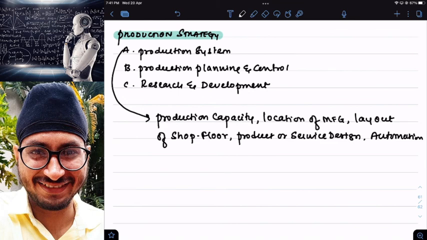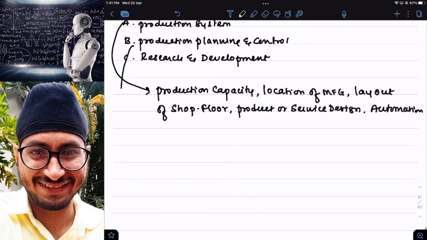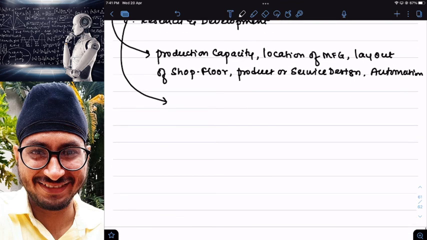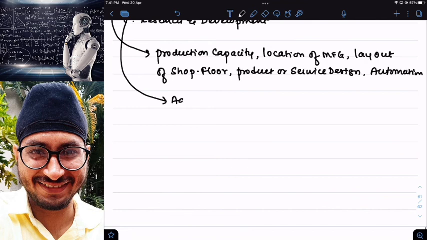Now, production planning. Sir, what is production planning concerned with? What all is included? You can say aggregate production planning, which means planning for the complete business.